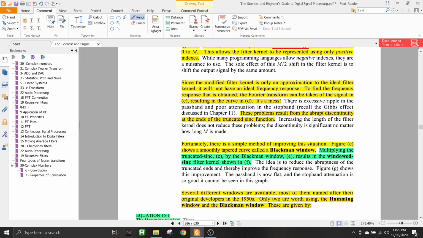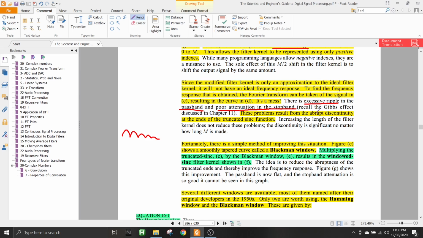By mess, I mean we are getting excessive ripple in the passband and poor attenuation in the stopband. In the passband, we get one problem, that is the ripple. In the stopband, it is not becoming zero directly, it is attenuating, somewhat getting close to zero, but not actually becoming zero. So these two problems will be seen after we do this approximation.